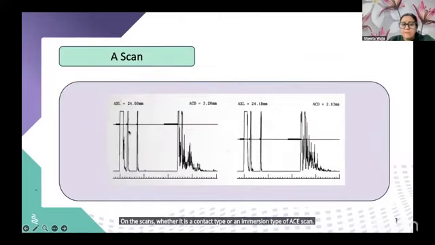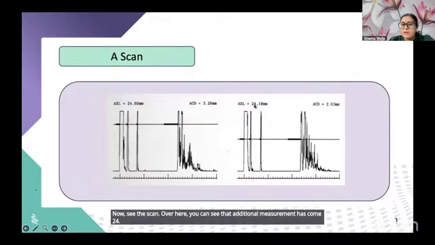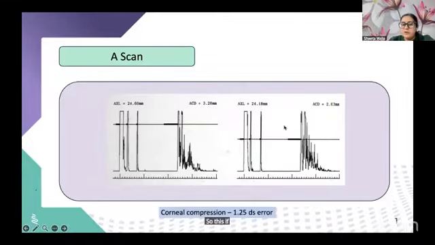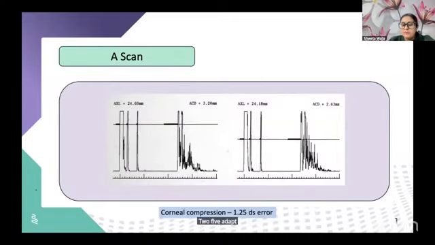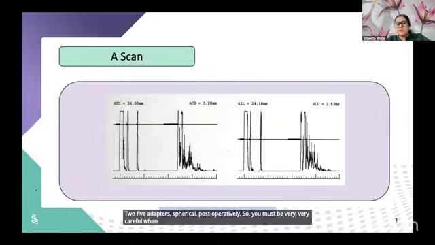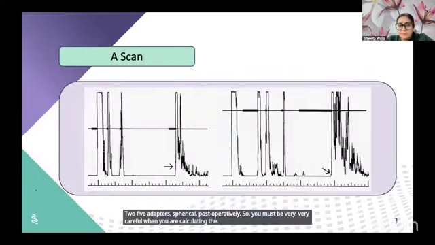Now see the scan. Over here, you can see that an excellent measurement has come, 24.60, and another has come 24.18. This difference is because of compression, and this slight difference has led to a refractive error of minus 1.25 diopter spherical postoperatively. So you must be very, very careful when you are calculating the A scan powers.